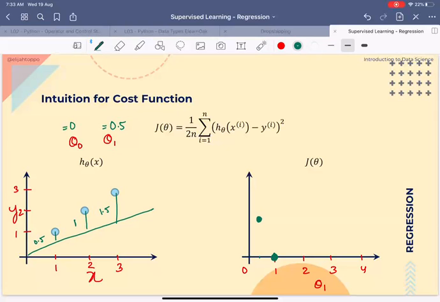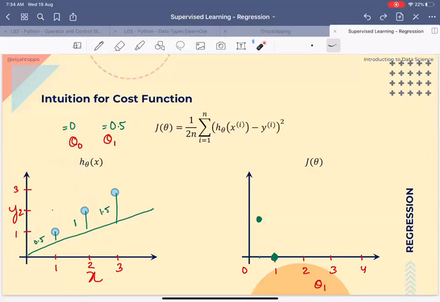Okay. Instead of this line, had we another line like this, maybe here. Okay, let me go for this line, where when x is 1, my y gives a value of 2. When x is 2, my y gives a value of 4, and so on. I think this is too big of a line.